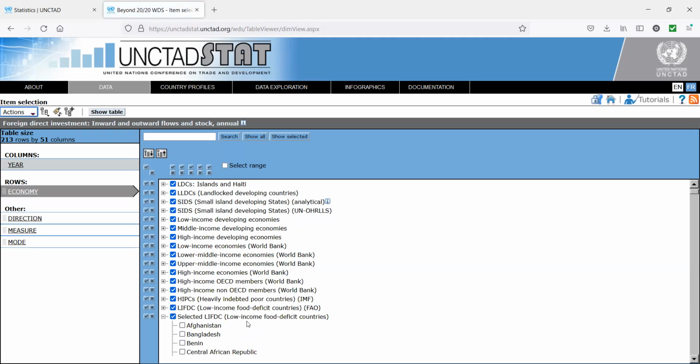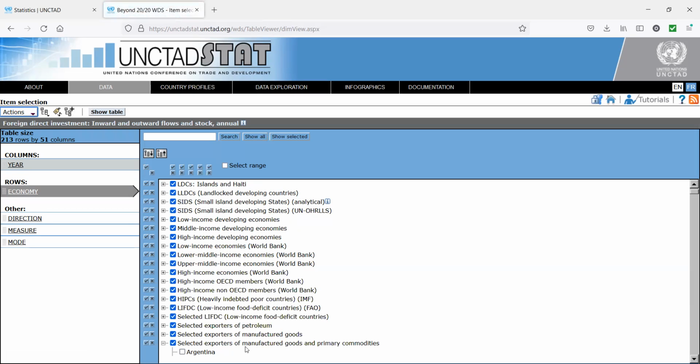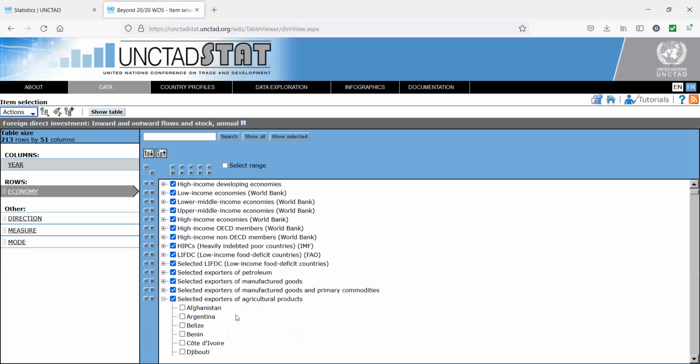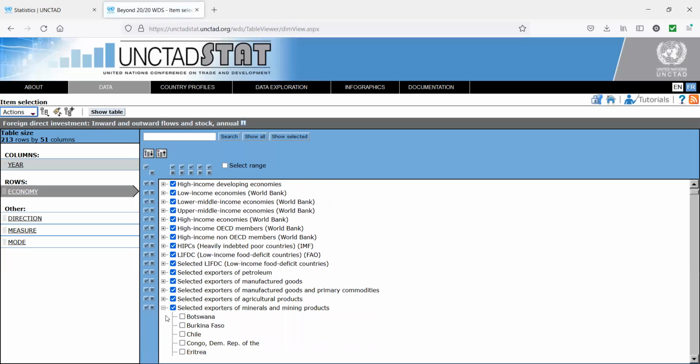You have selected low income food deficit countries. You have selected exporters of petroleum. You have selected exporters of manufactured goods. You will have selected exporters of manufactured goods and primary commodities. You'll have selected exporters of agriculture products. You have selected exporters of minerals and mining products.